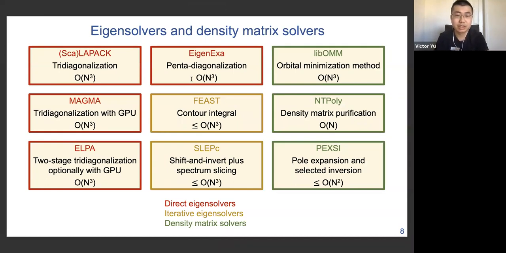As you can see, the different algorithms scale differently. So the conventional eigensolvers scale cubically, and some density matrix solvers scale linearly, which means that their computational cost goes up linearly with respect to the system size. So one problem is that, having so many different algorithms available, how do we know which one we should be using for our given problem?